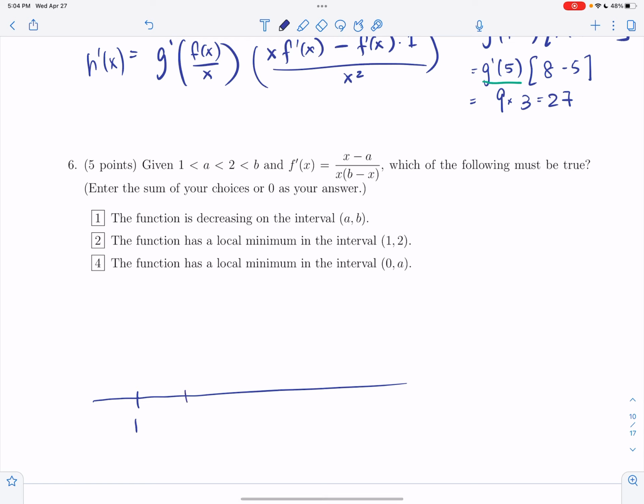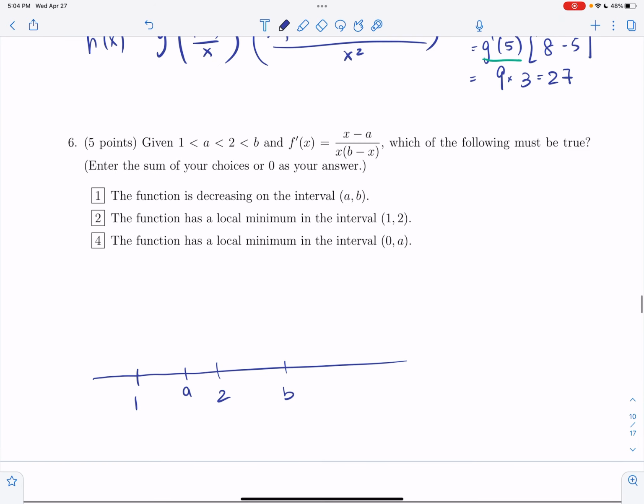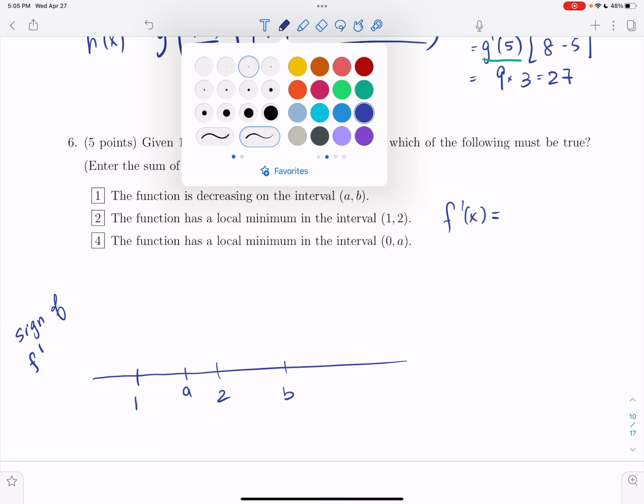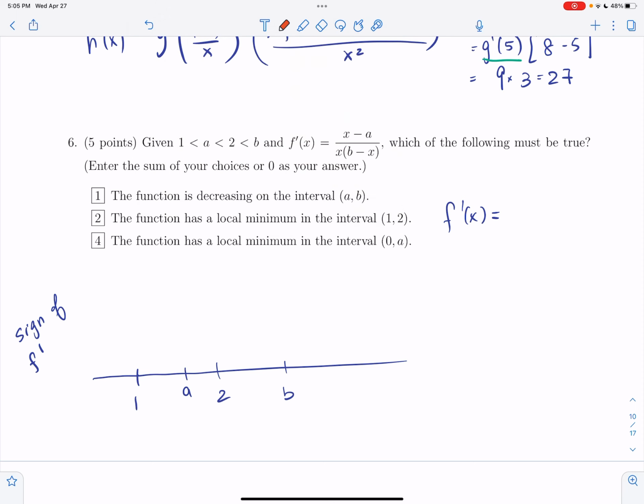I'll put 1 over there, I'll put a over there, I'll put 2 over here, and I'll put b over there. And we will look at the sign of f prime. Let's write down f prime of x equals, and just to make it easier, I will use this.